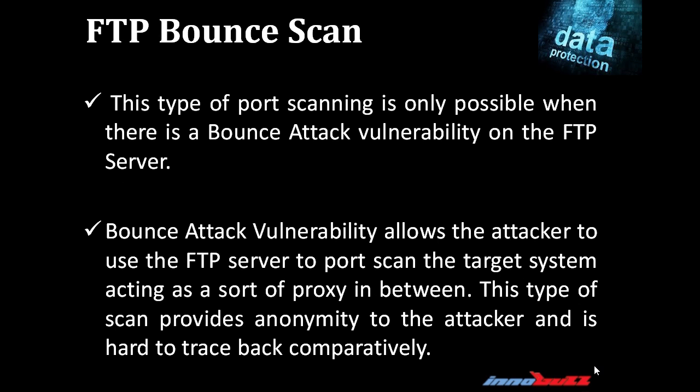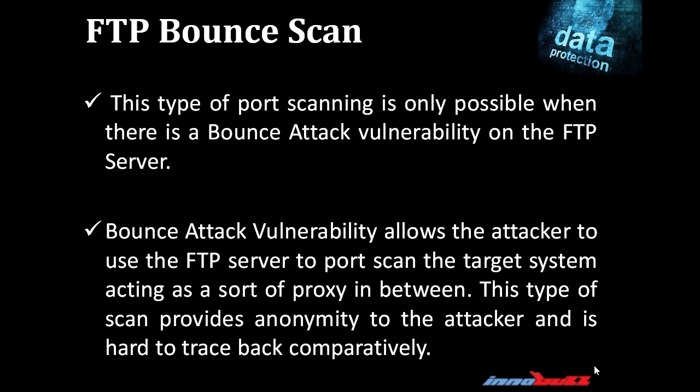Next scan is FTP bounce scan. This type of port scanning is only possible when there is a bounce attack vulnerability on the FTP server. Bounce attack vulnerability allows the attacker to use the FTP server to port scan the target system, acting as a sort of proxy in between.